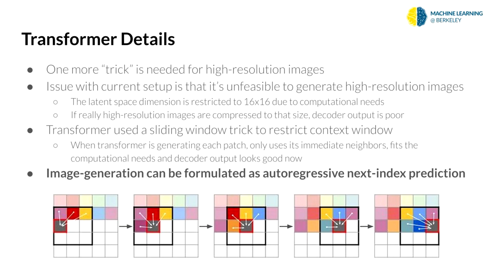Given that the transformer starts with a single patch, I can feed this patch back through the transformer and get the next patch, and I can keep repeating this process to generate the entire image. That's what autoregressive means: taking the output, inputting it back into the model, and then getting this sequence, basically.